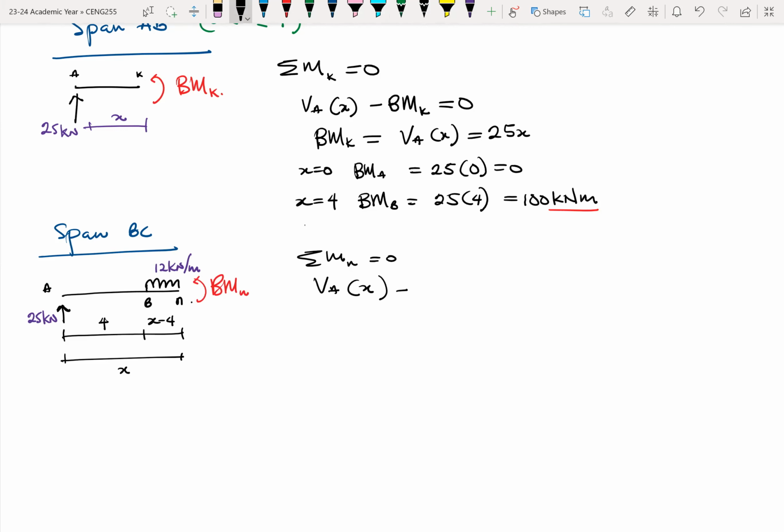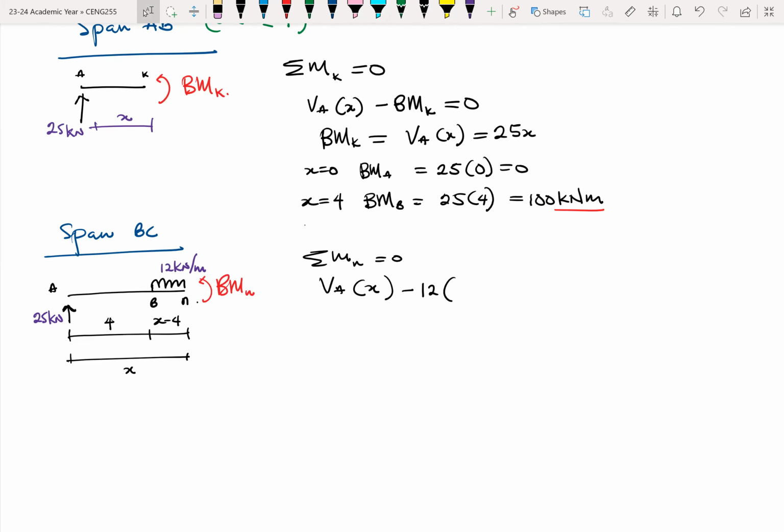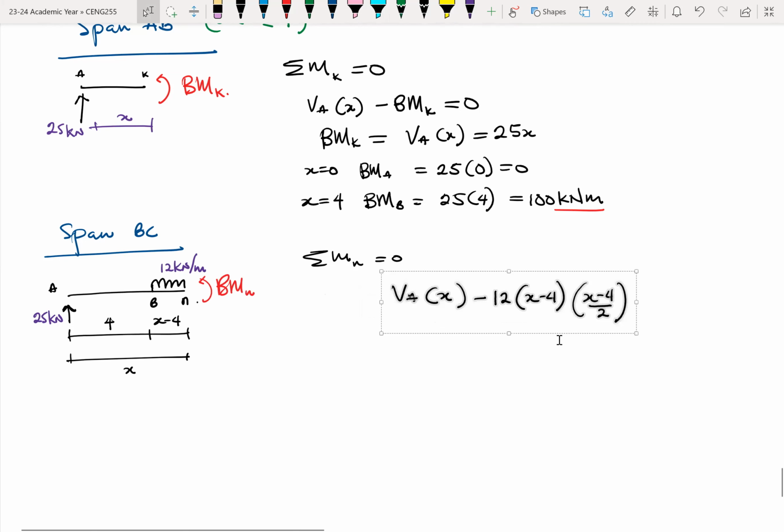So for the UDL, that becomes minus 12 times its loaded length, which is X minus 4, and then times X minus 4 over 2. So all of this should be equal to BMN, not BMK.